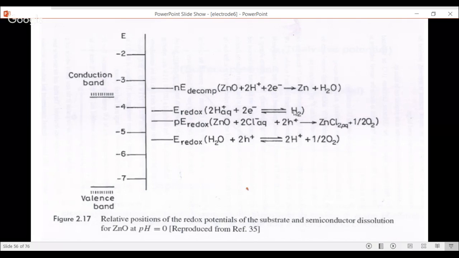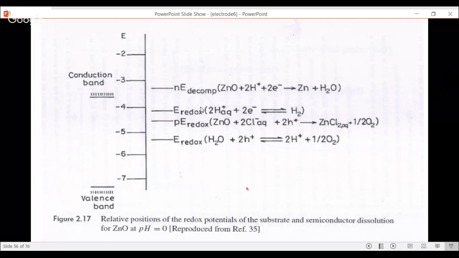Zinc oxide is getting reduced, getting dissolved to give rise to the zinc ions. So if the potential of this redox reaction is less positive with respect to the oxygen evolution potential, that will be the preferable reaction, because the free energy change of this will be more negative compared to the oxygen evolution reaction.